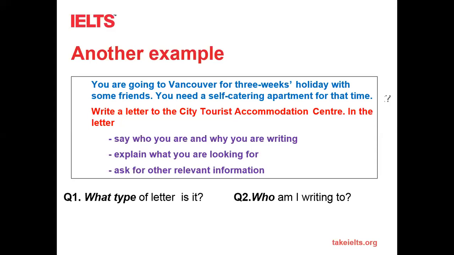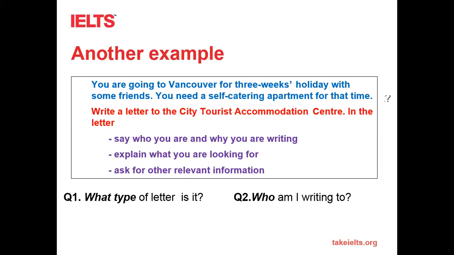When you're thinking about who you're writing to, always ask yourself, would I know this, should I know this person's name? Would I normally know this person's name? So in the case of the landlord, yes, you probably do know this person's name. In this case, what do you think? Would you know their name? No, I agree. You probably wouldn't know their name.